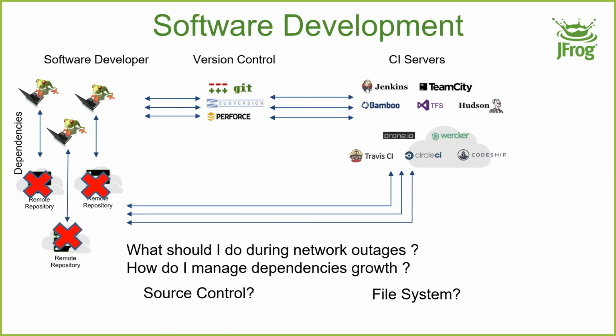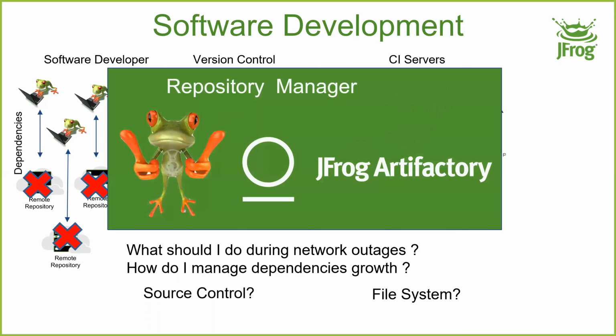Yes, you could do either of these choices. But what you can also do is rely on a binary or repository manager, because that's its purpose. That's why you could go with Artifactory, which is a repository manager.